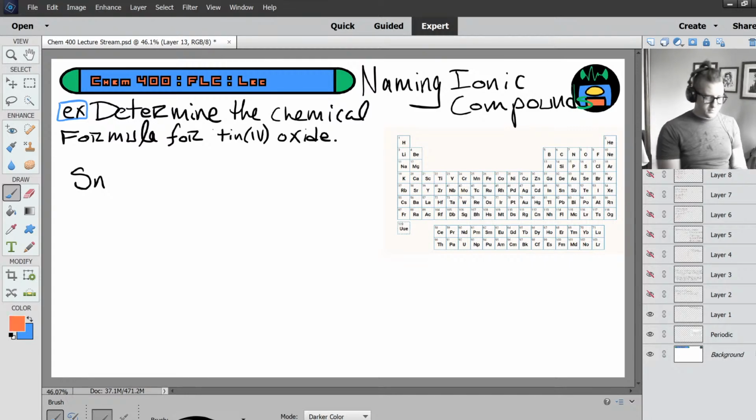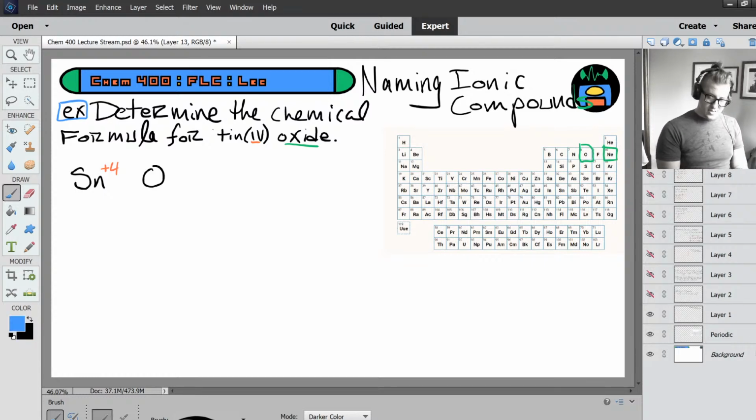So tin has a charge of positive 4 in this compound. Oxide, well, that's an anion based on oxygen, which normally has 8 electrons, but as an anion, it has to gain 2 to have the same number of electrons as its nearest noble gas.